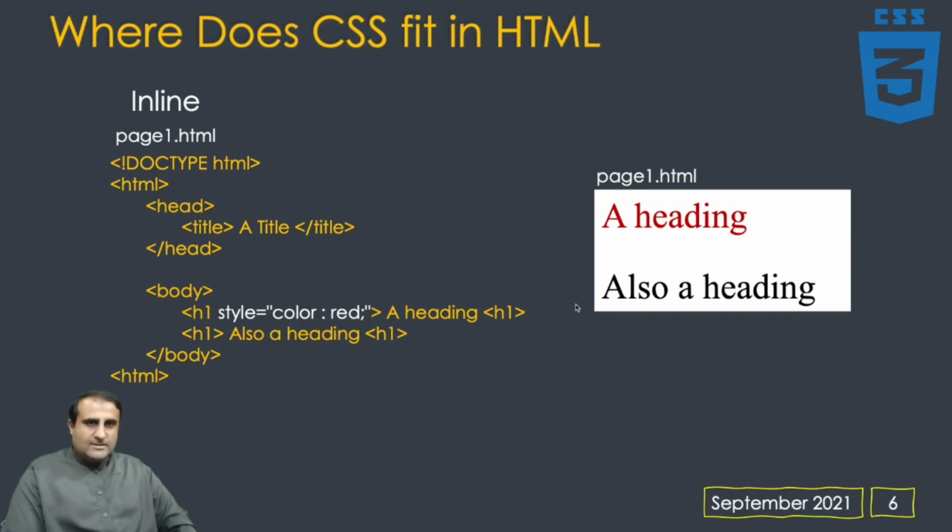So let's see the example. For example, here we have the inline CSS. For the h1, its style property is used, and the value for the style property is the actual CSS, where the property is color and the value is red.